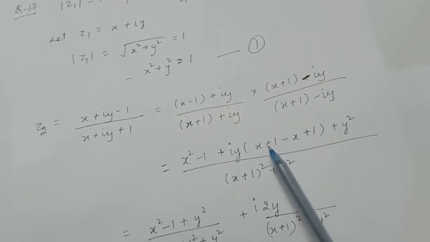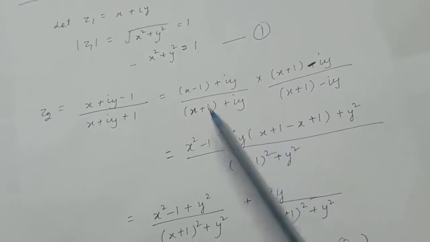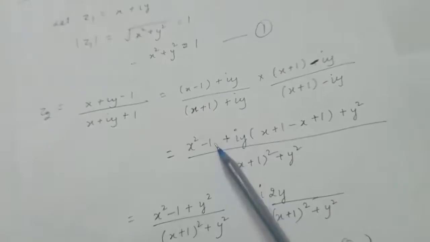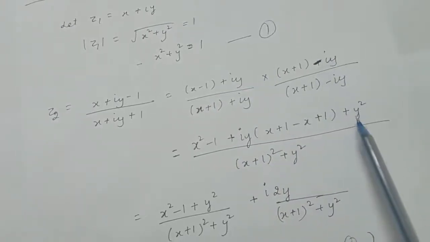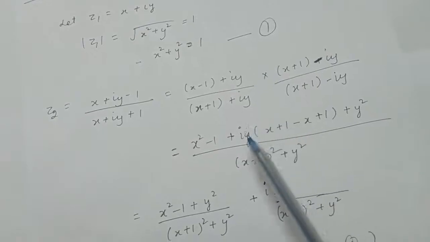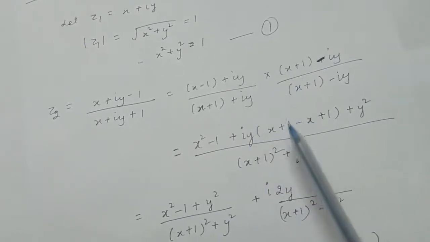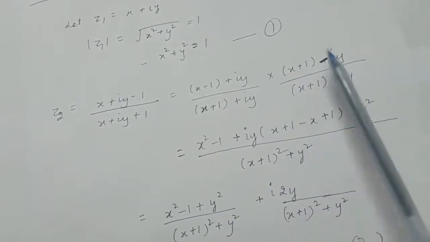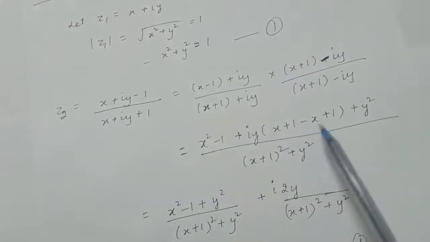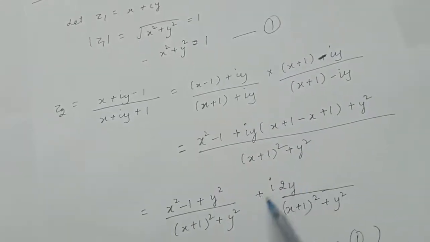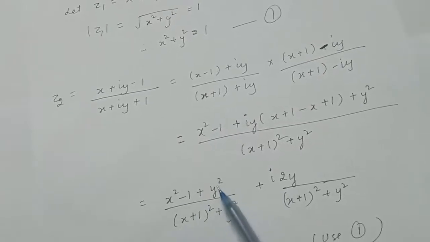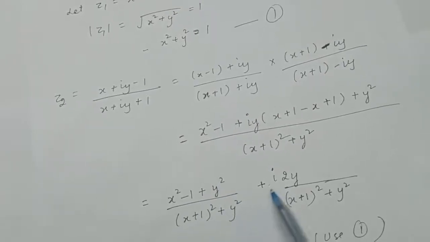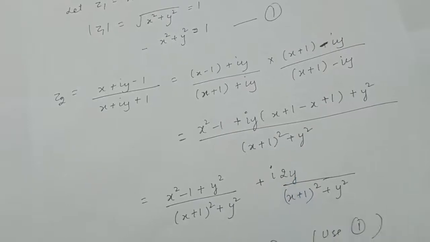So you will get, after rationalizing, this will be x square minus 1. From these two, you will get y square, right? And iota y into (x plus 1) and iota y into minus of (x plus 1). So you will get, after separating real and imaginary part, (x square minus 1 plus y square) upon the denominator plus 2 iota y upon the denominator.